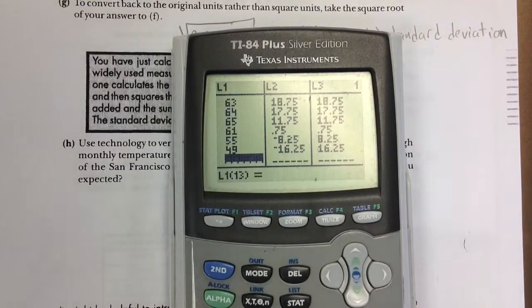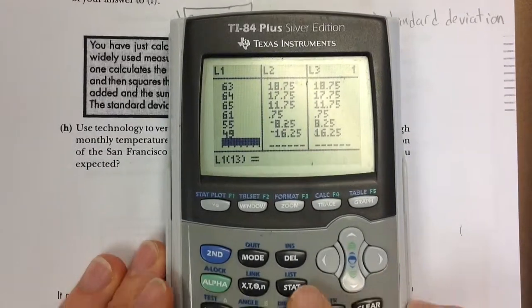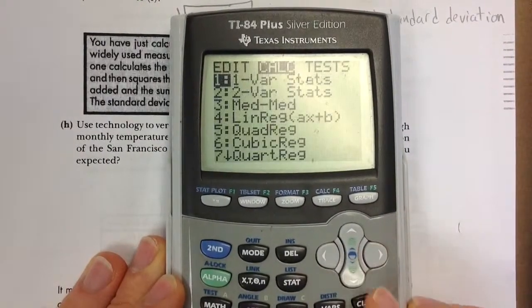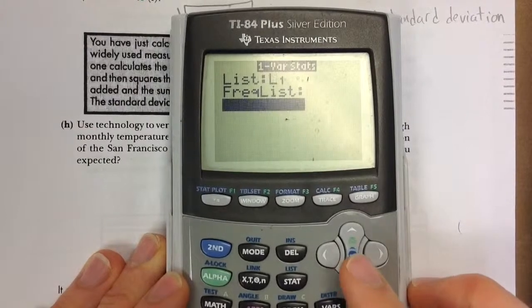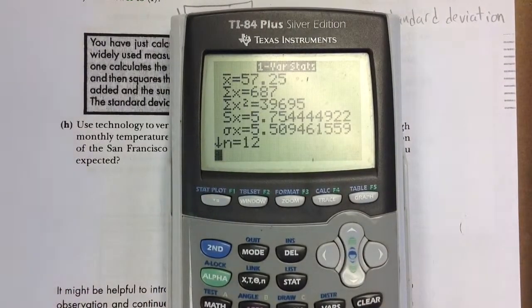Before I do anything, should the standard deviation be more or less? It's San Francisco versus Raleigh. What do you mean you don't know? It should be less. Stat Calc 1. Tell me, what's the standard deviation?